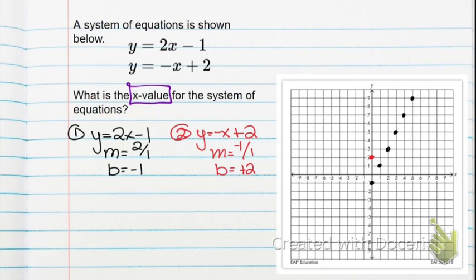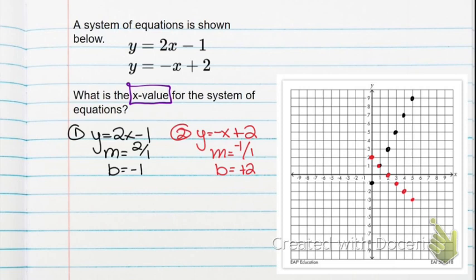My slope is negative 1, so because it's a negative 1, I go down 1 line and then to my right 1. Okay, so I see my overlap there. I just want to be sure, so I drop another dot, following the pattern, down 1 to the right 1.